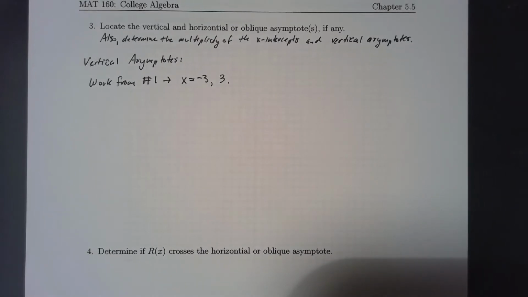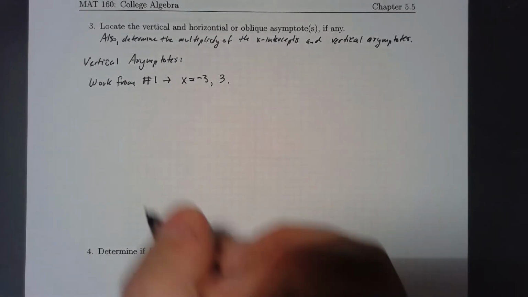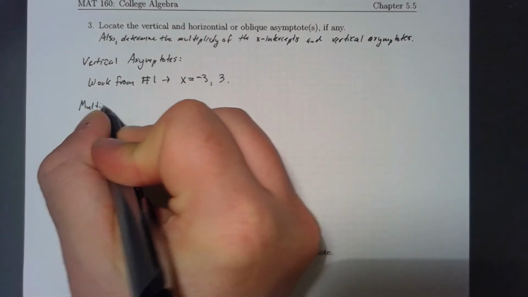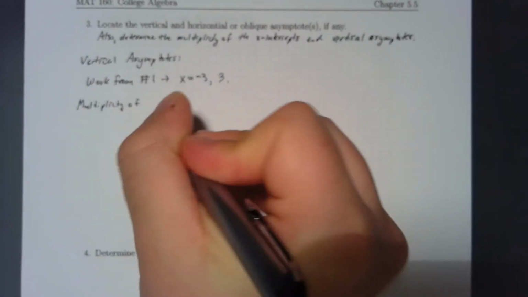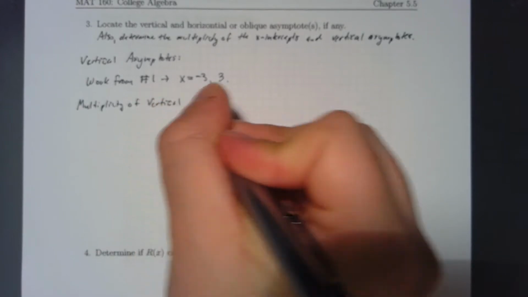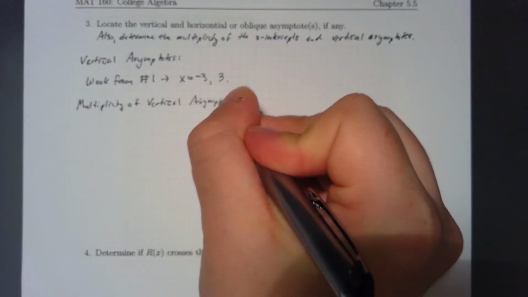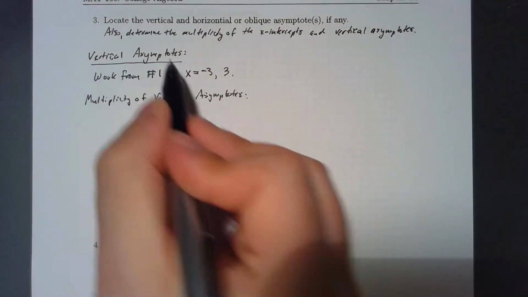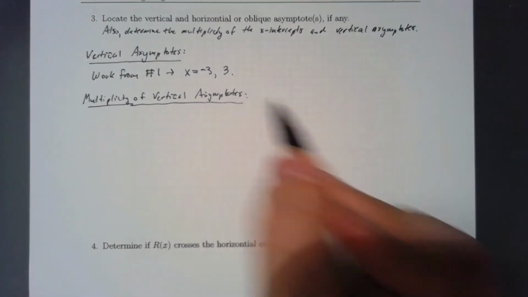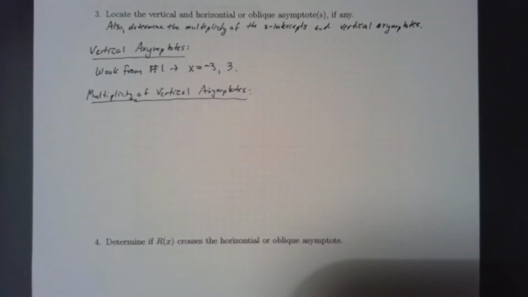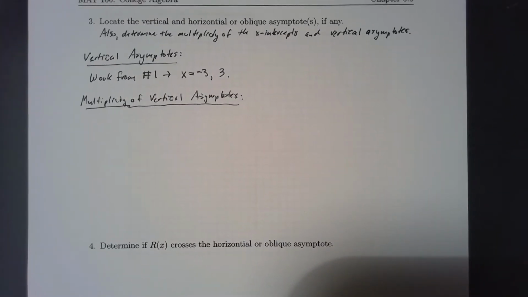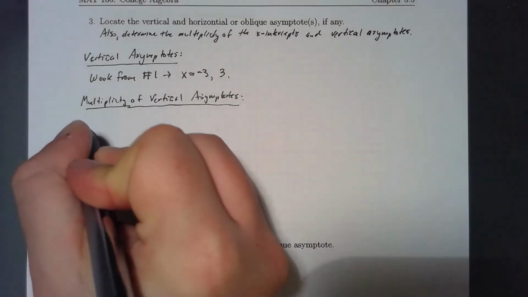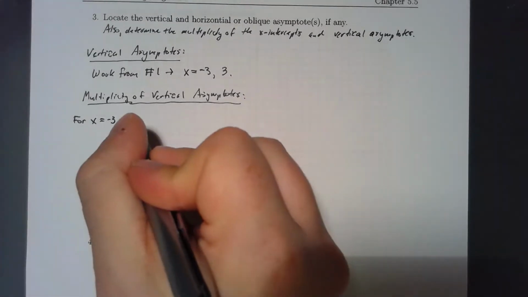Now I want to determine the multiplicity of those vertical asymptotes. So for the value x equals -3, what factor does that come from?